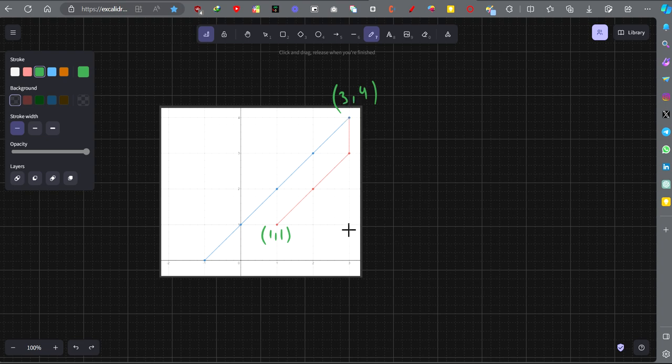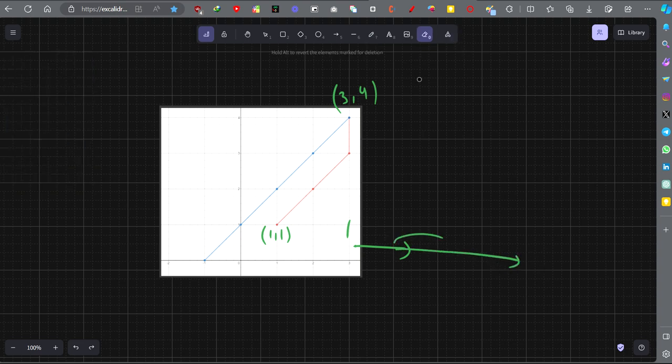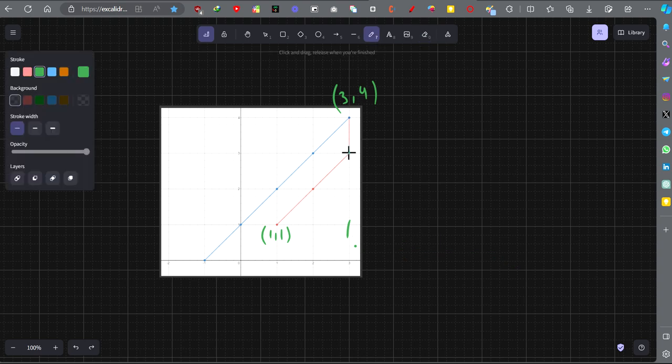So for this 3 comma 4 you can't go beyond this 3, because once you go past this point, that might not be the optimal answer. You should not cross this x-axis, that 3 axis, as well as this 4.